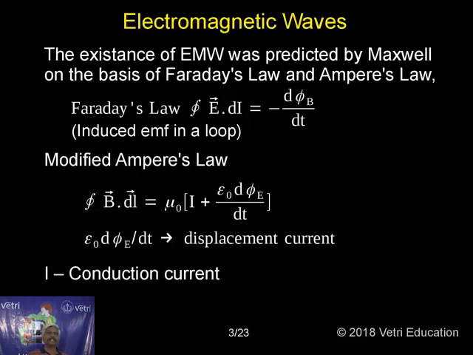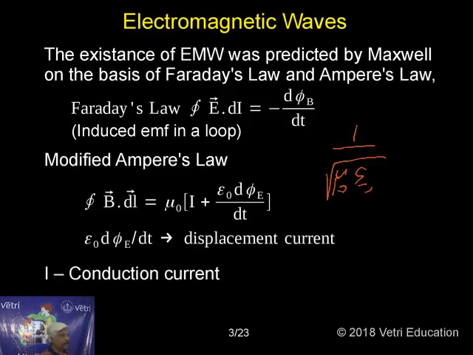But what the thing is, Maxwell boldly suggested that light rays are electromagnetic in nature, because he was the man who first calculated the velocity of electromagnetic waves by using the formula 1 divided by root of mu naught epsilon naught. Both come in: mu naught for magnetism, epsilon naught for electricity. We know mu naught is 4 pi into 10 power minus 7, epsilon naught is 8.85 into 10 power minus 12.